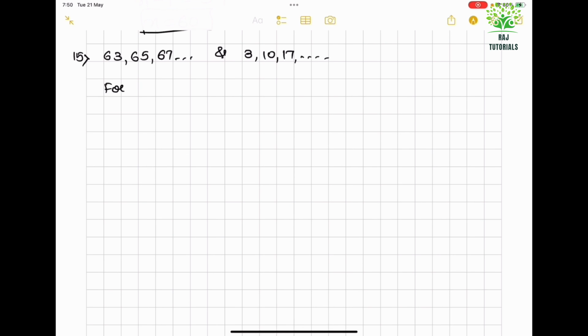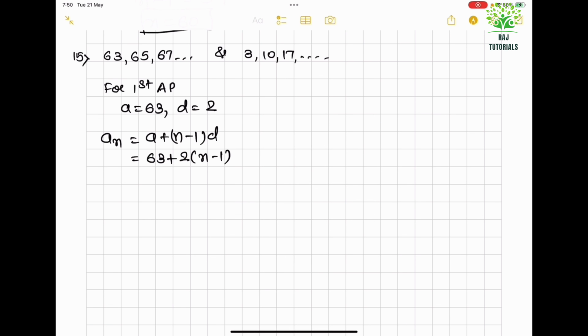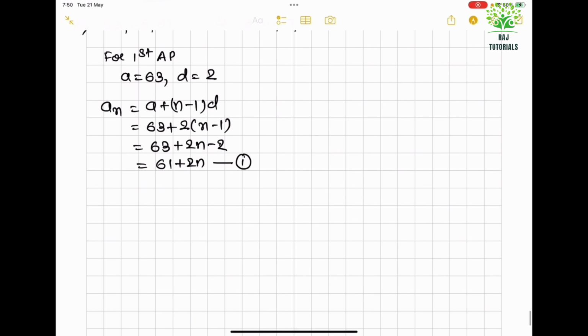So for the first AP, A is 63, D is 2. So AN will be A plus N minus 1D. So AN will be 63 plus 2 into N minus 1. So I can say 63 plus 2N minus 2. So 61 plus 2n, that is first.